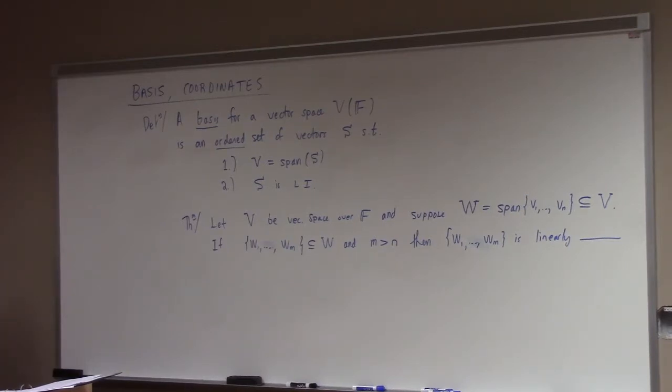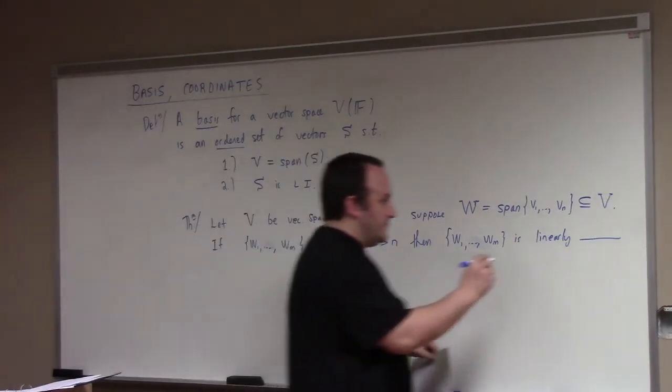So basically the data says you can build this space W using n vectors. Then I'm saying this other set containing the W's has m vectors, and m is larger than n. Linearly dependent. Yes, that is in fact true.